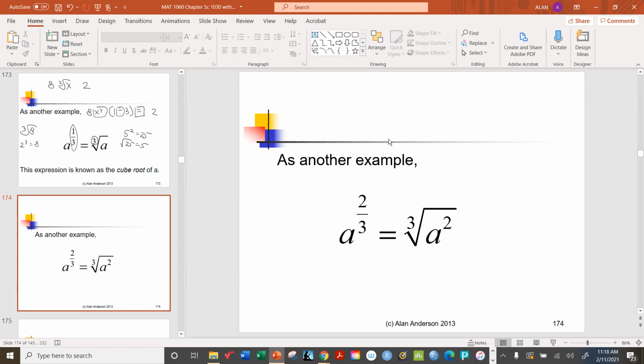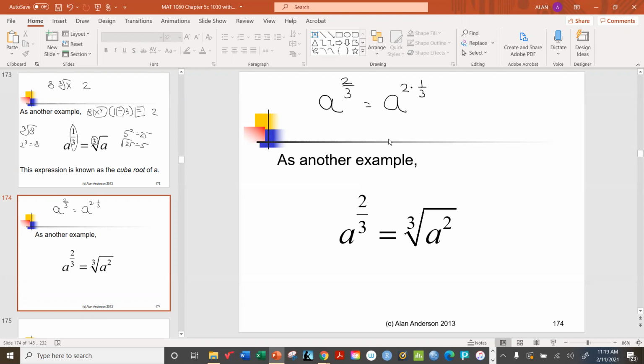Okay, now here's a way you can understand what this really means. I'm going to write this in a very interesting way. I'm going to rewrite it as a to the 2 times 1/3 power, which I'm certainly allowed to do.